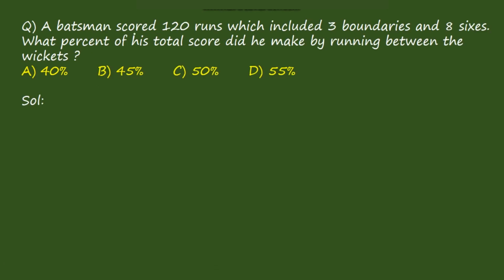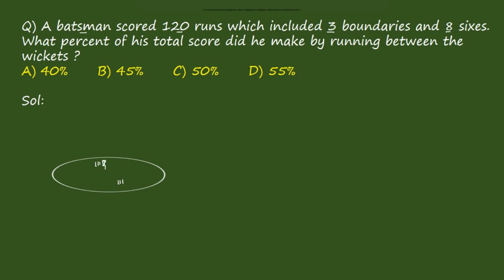Next question. A batsman scored 120 runs, which includes 3 boundaries and 8 sixes. What percent of the total score did he make by running between the wickets? First, understand the question. They're saying that a batsman scores 120 runs, which includes 3 boundaries and 8 sixes. Consider a playground, and here the person would be moving from wicket to wicket.